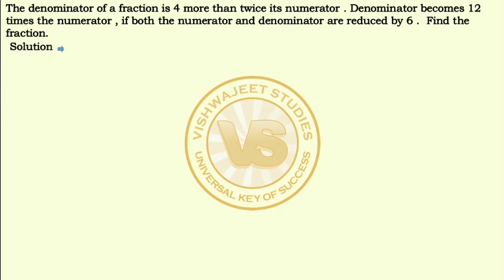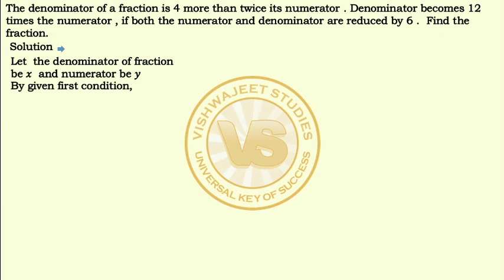Here our first condition is: the denominator of the fraction is 4 more than twice its numerator. We don't know what the denominator and numerator are, so consider letters for them. Solution: let the denominator of the fraction be x and the numerator be y.